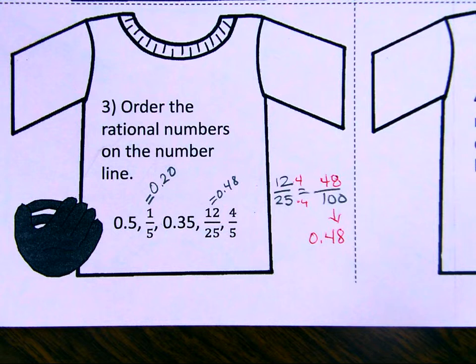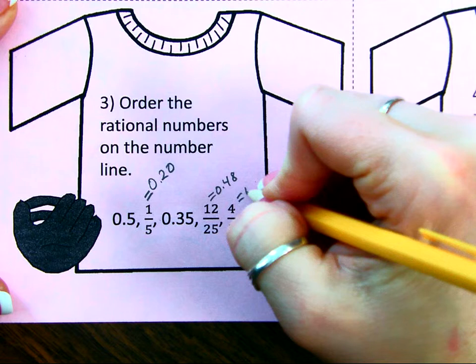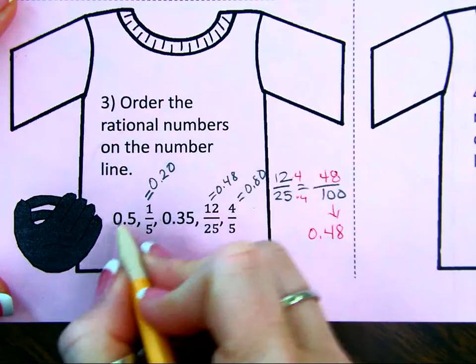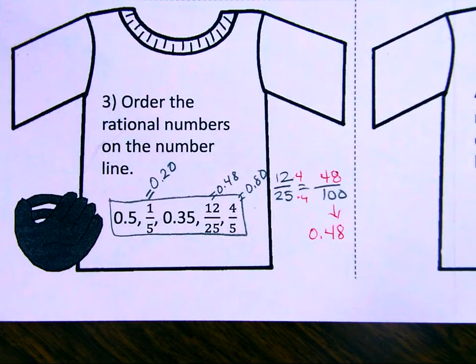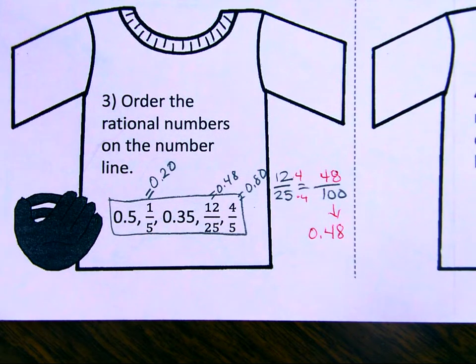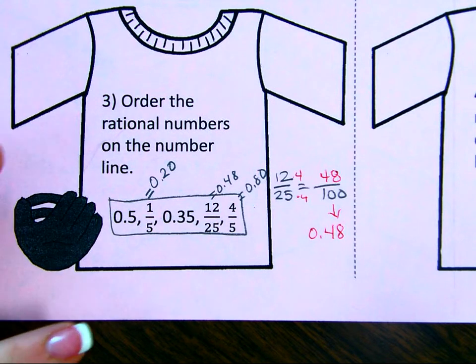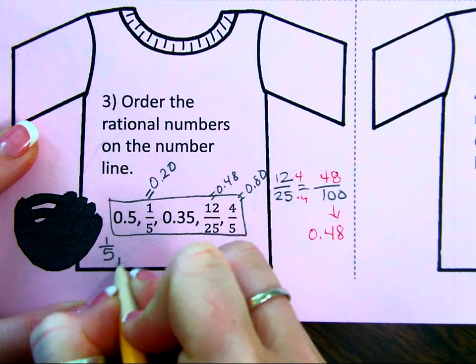And then what is 4/5 equal to? If 1/5 is 20 cents, then 4 of them is 80. So now I'm not going to write those decimals again. I'm just going to use them to help me order them. So I got 5 to order. Which one is the smallest amount? 20 cents, but we're going to write 1/5. Then I'm going to cross it out because I'm done with it.